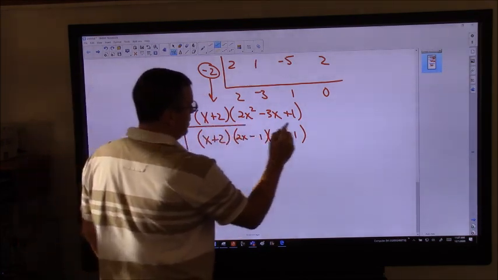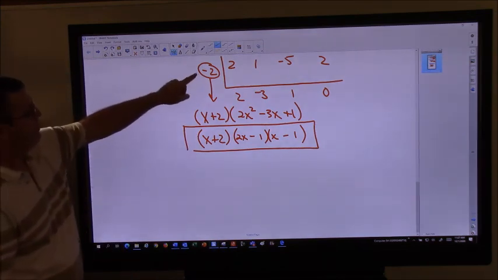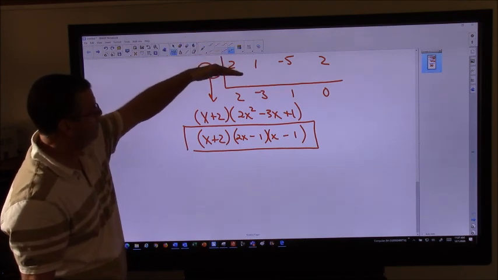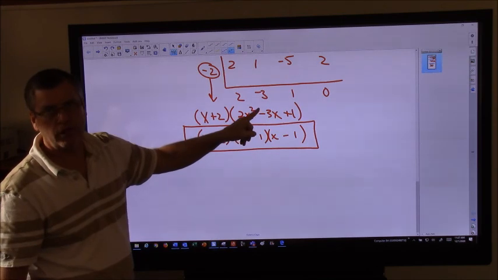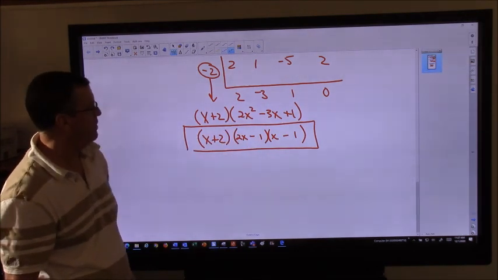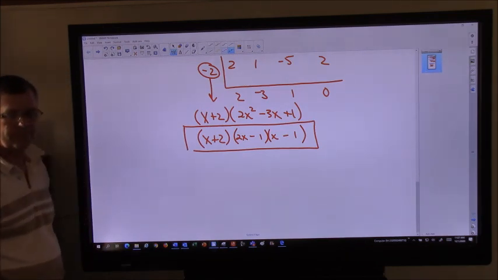I have completely factored that. We're going to use their hint to get this from a cubic expression down to a quadratic expression. And then quadratics, we've been working on factoring those, stuff we've learned in the past. We just got to factor that last little bit. Okay? Let's try another one.